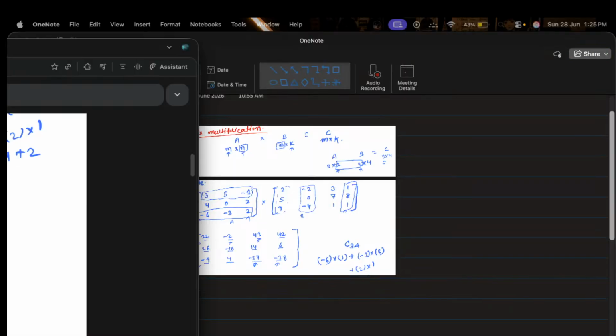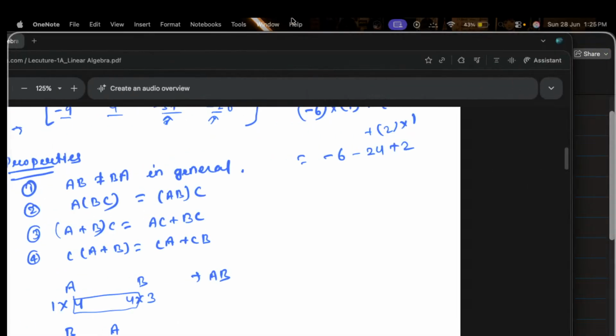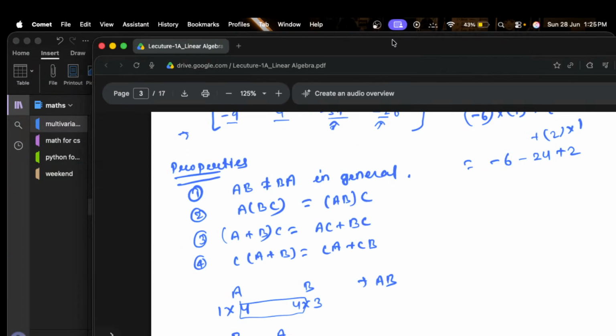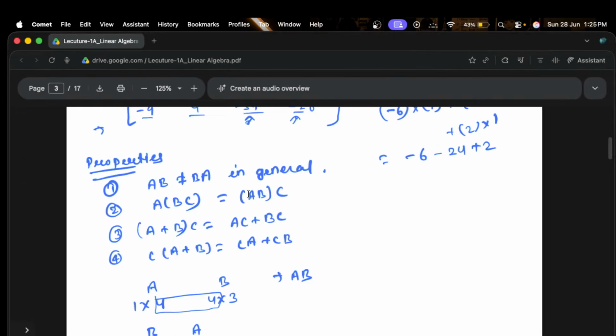Okay, let's just read from the PDF only. Properties. All right. So I think only matrix multiplication is important here. Properties can be used to make shortcut of a lot of things.